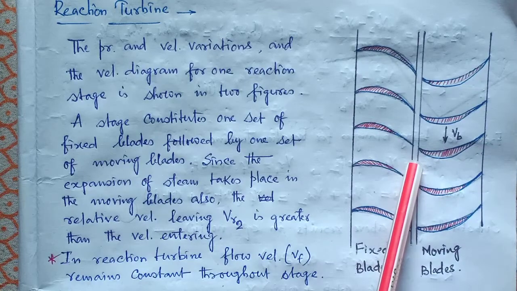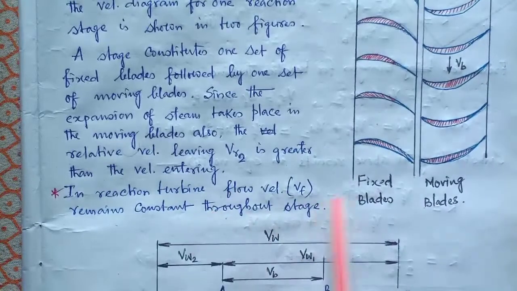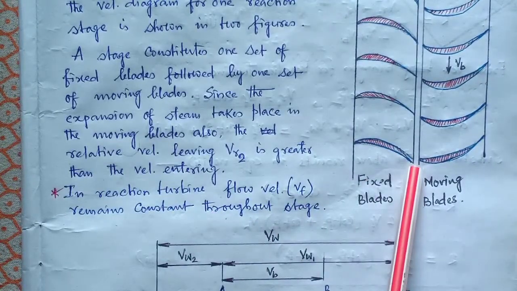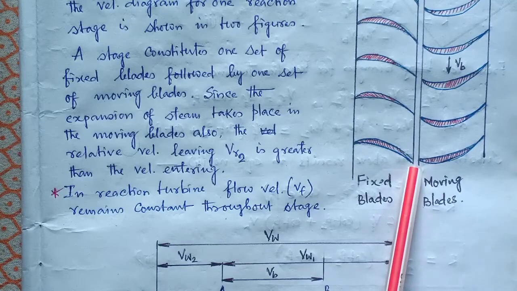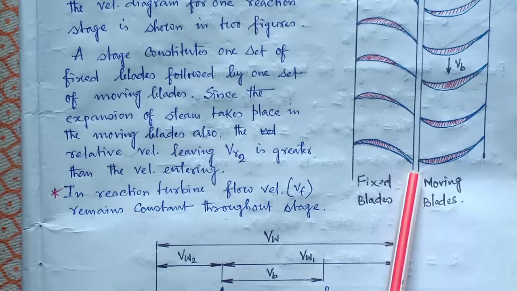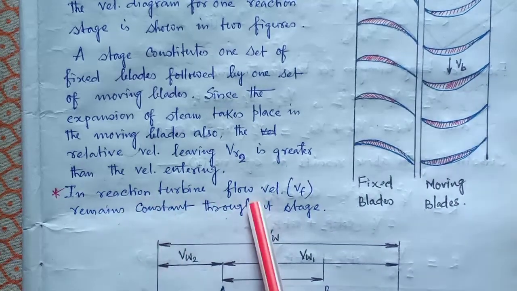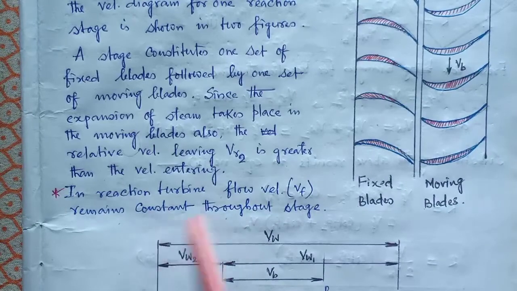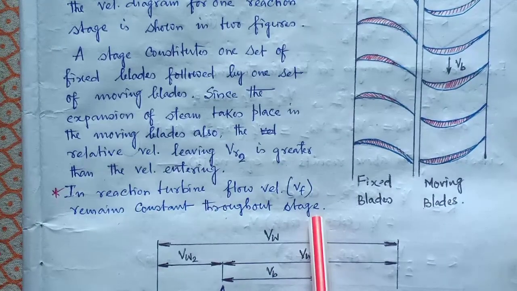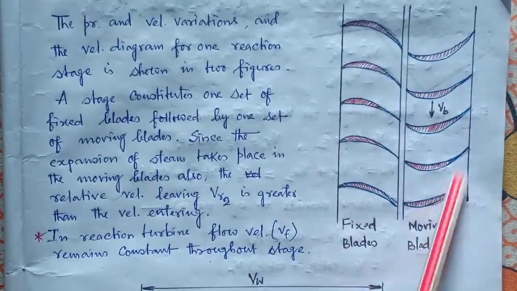Now in the reaction turbine, all the parameters, that is VW, VF, VA, VR, are the same as in the impulse turbine, but their magnitudes may differ. In the reaction turbine the flow velocity remains constant throughout the stage because of the shapes of the blades.